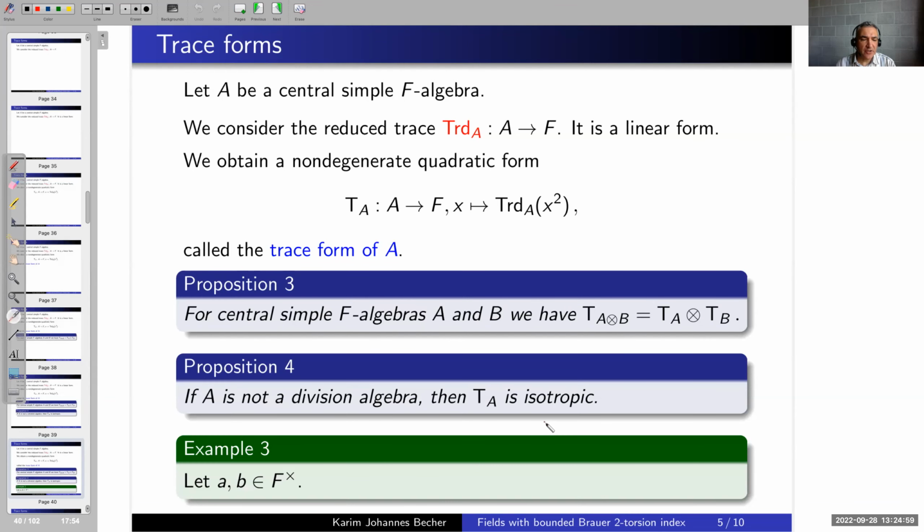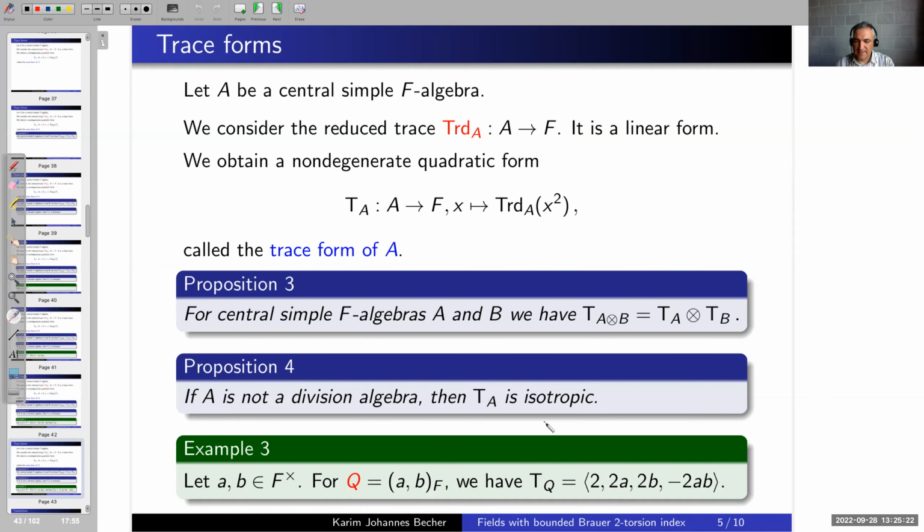Let's now look back at quaternion algebras given by two elements A and B. This is one of the reasons why I didn't like trace forms so far, because the trace form of this quaternion algebra doesn't look so nice as the norm form does. You have this quaternion algebra (A,B), and then you start computing, you get the trace form, and it looks like this. Remember the norm form was 1, -A, -B, AB, and here you scale everything by 2 and switch the signs on the pure part.